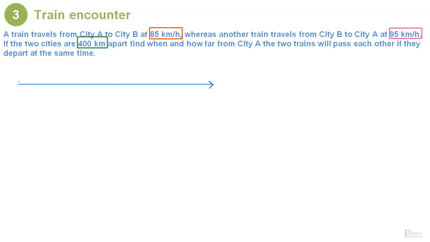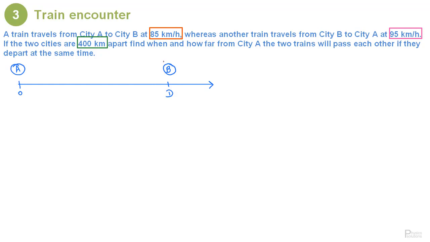Let's draw the coordinate x equals 0 and put city A here, and somewhere at some distance, let's call it uppercase D, is city B.